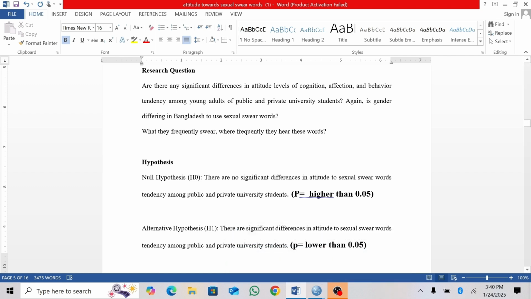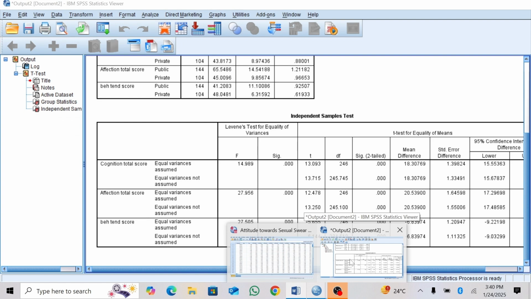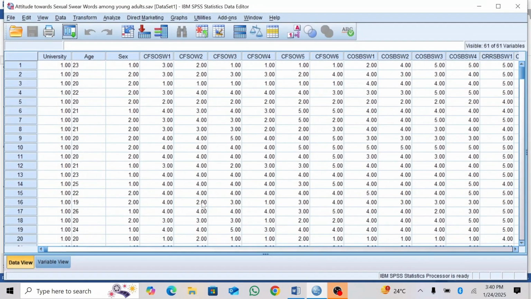So now I'm showing you how to input your data. Here is the data view and variable view.